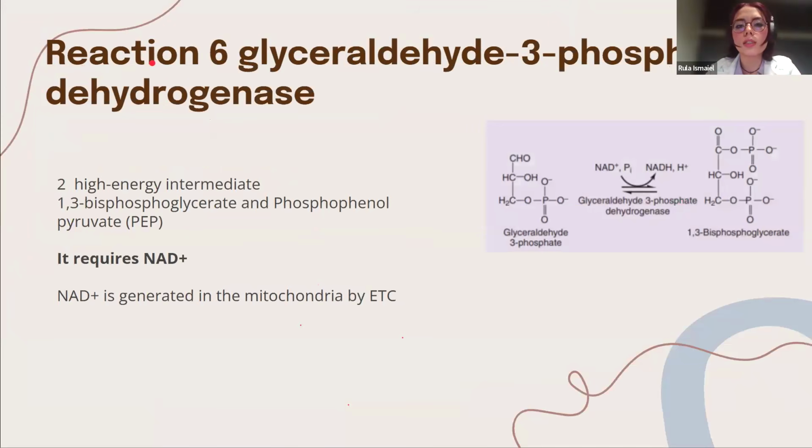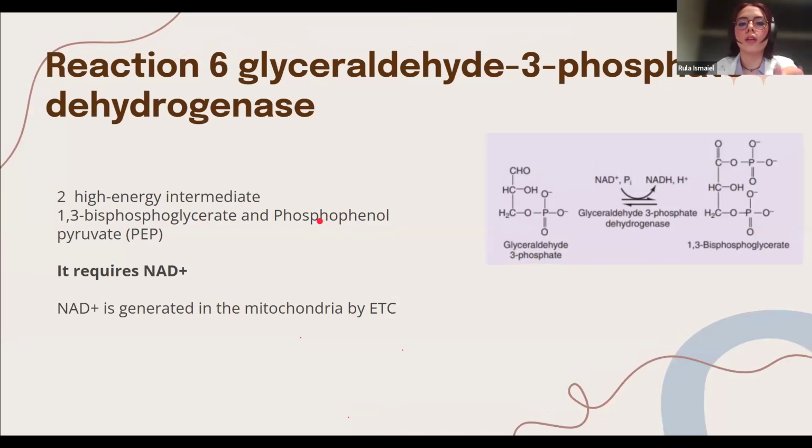Now you have reaction 6, which is glyceraldehyde 3-phosphate dehydrogenase. You don't need to know the name of the enzyme, I believe, for this one, but keep it in the back of your head. The whole point of this slide is just to know that this specific reaction in glycolysis requires NAD+. That's literally it. This did come up in past questions, so if you're going home with anything from this session, remember reaction 6 requires NAD+.